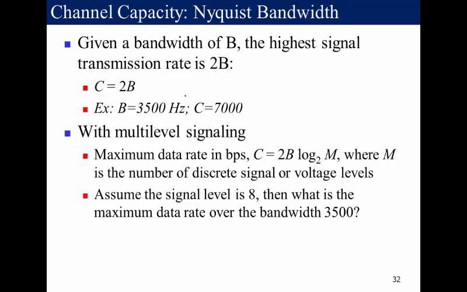What is it? 3,500 times 2 times log base 2 of 8, which is 3. So 2 times 3, so 6 times 35, then probably somebody said that, right? That is it.